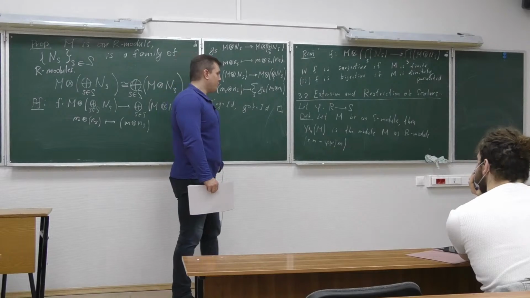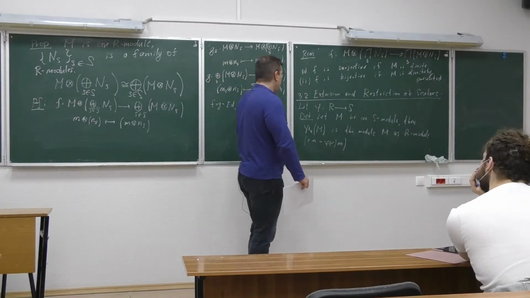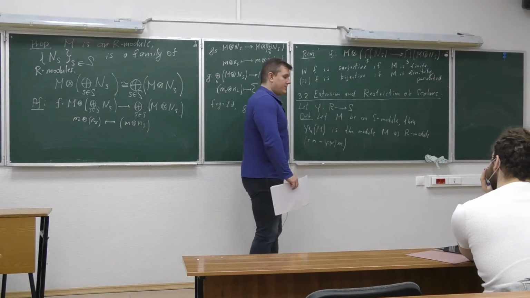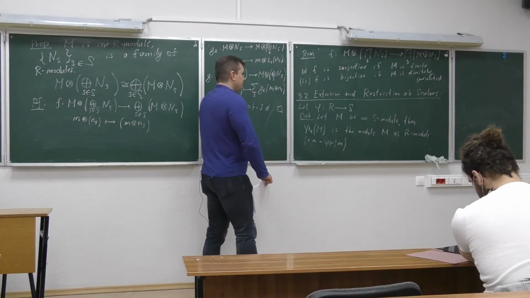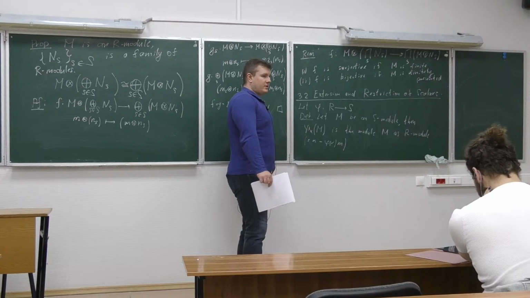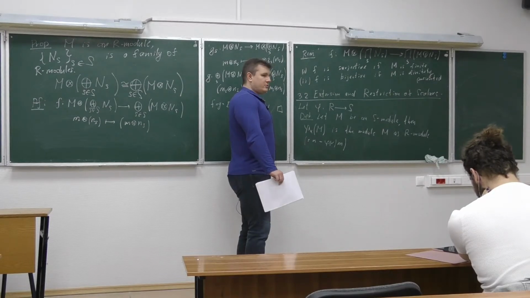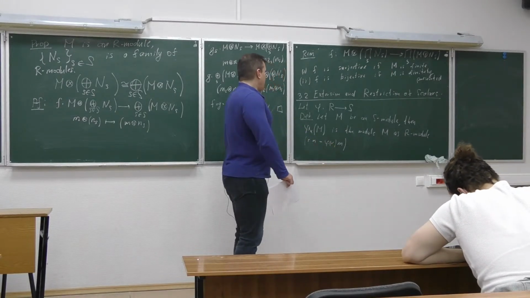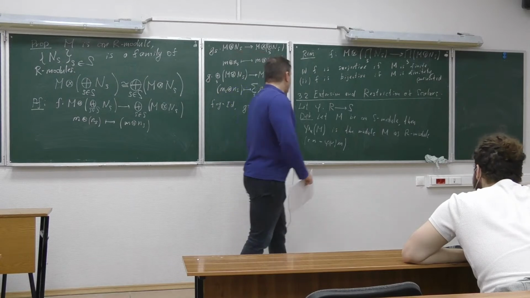If you want to use precise language, that's a functor from the category of S-modules to the category of R-modules. It is the same set, even as an abelian group it is the same abelian group, but it is defined over a different ring, and the ring structure is given by this formula. And this is called the restriction of scalars.